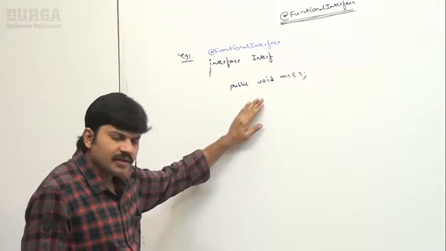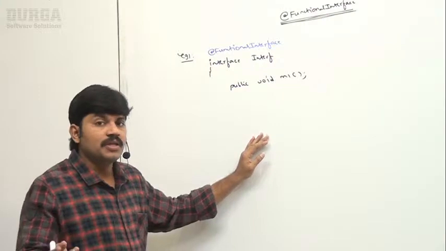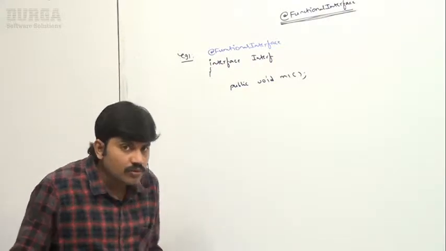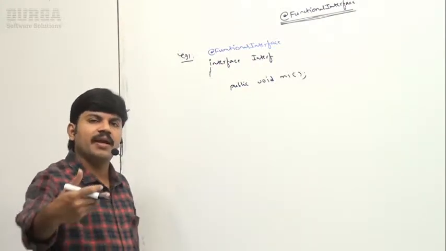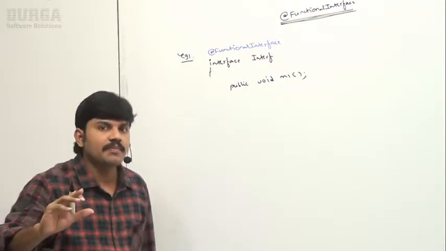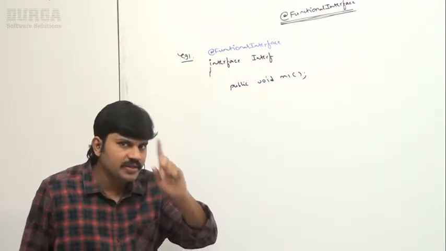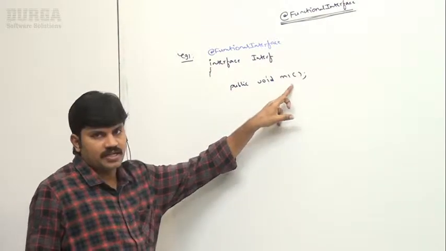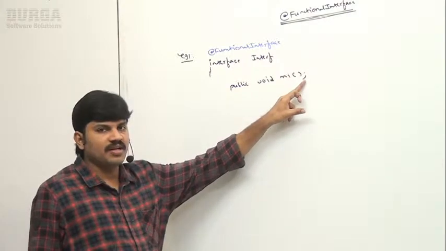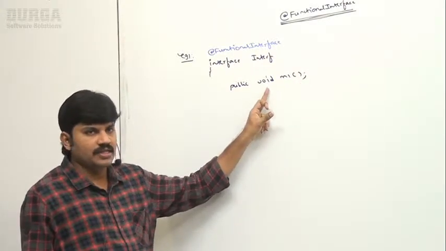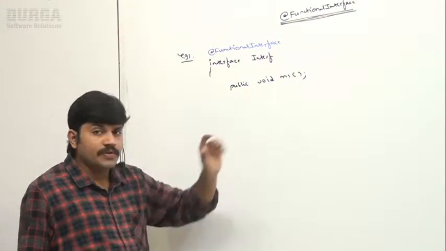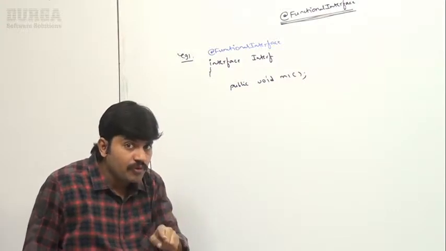Sir, can I take a default method? No problem. Can I take a static method? No problem. Happily you are allowed to take any number of default methods, any number of static methods, but the restriction is applicable only for abstract methods. If it ends with a semicolon, implicitly it's always what? Abstract only. Every method present inside an interface is always what? Public abstract up to 1.7 version.